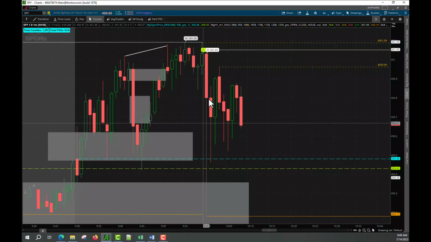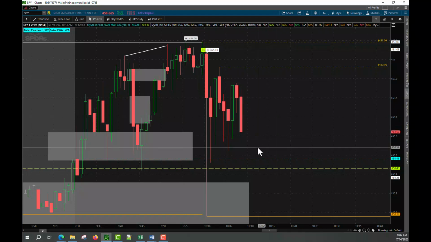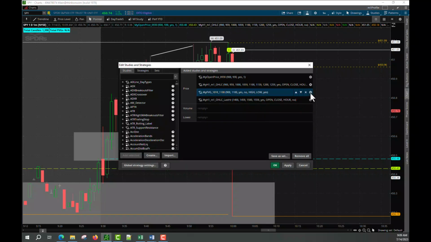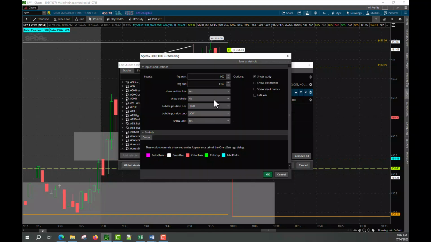Big displacement on the fair value gap right there, so I think it's gonna come down. Let's turn on the fair value gap now, but only from 10 to 11. That's where the silver bullet is coming.